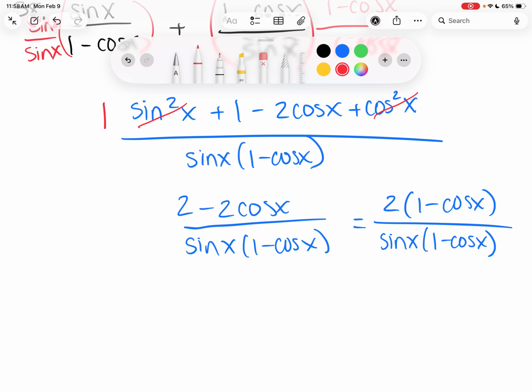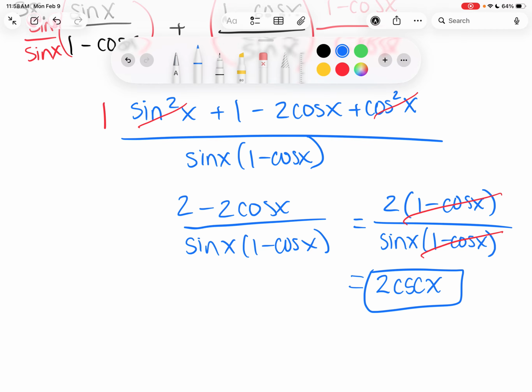Yes, I can cancel the 1 minus cosines top and bottom, because multiplication is happening. So I have 2 over sine of x, which is, what's 1 over sine of x? Cosecant, so that's 2 cosecant of x.